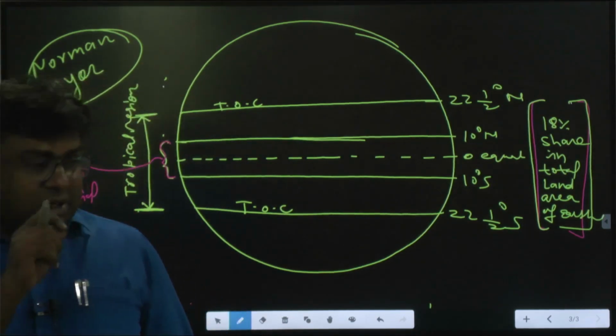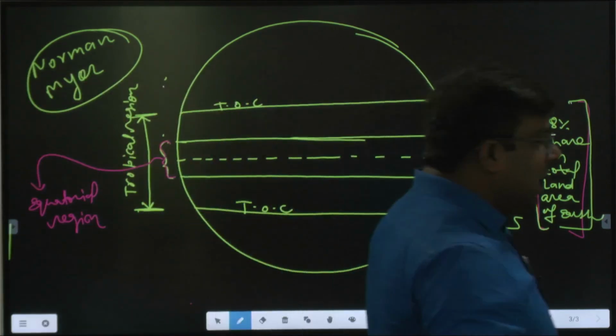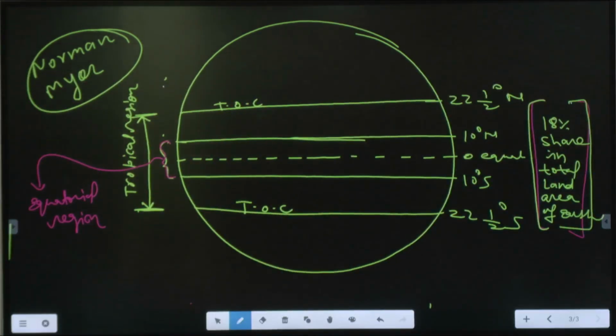Vascular plants must be endemic, E-N-D-E-M-I-C. Endemic for that location. And endemic means what?